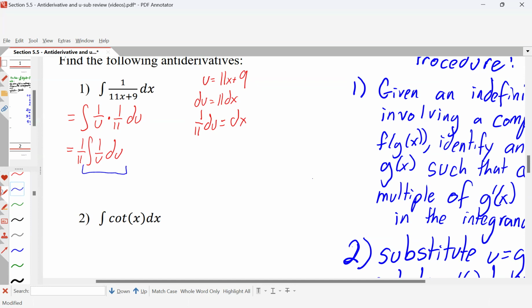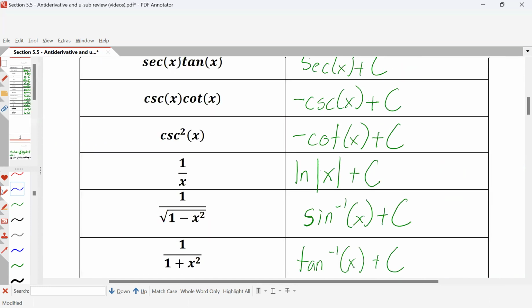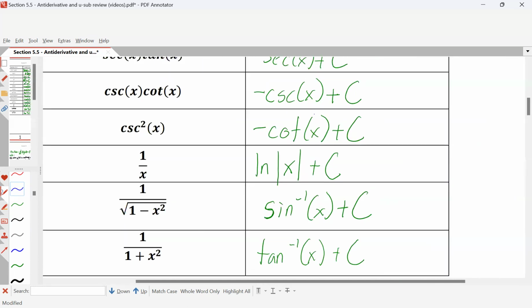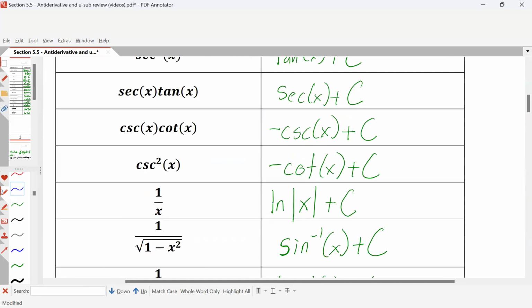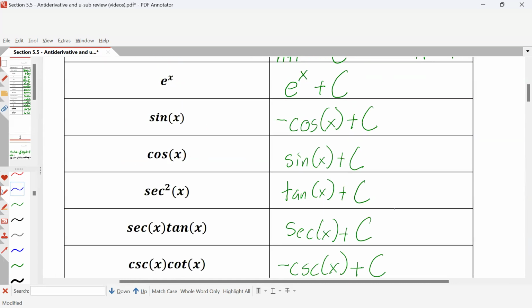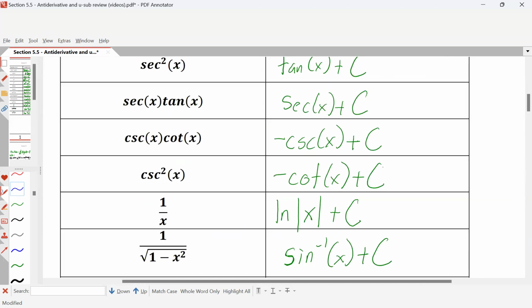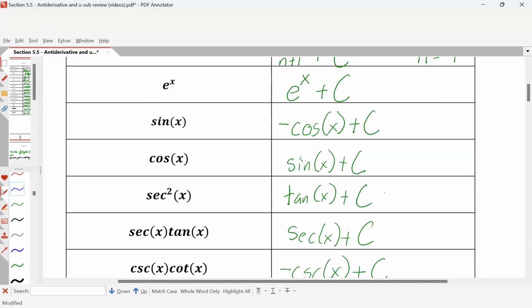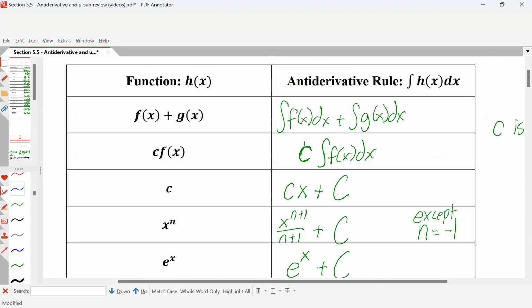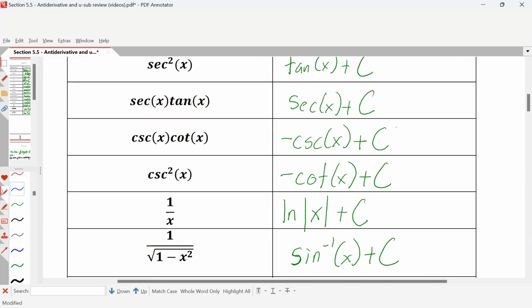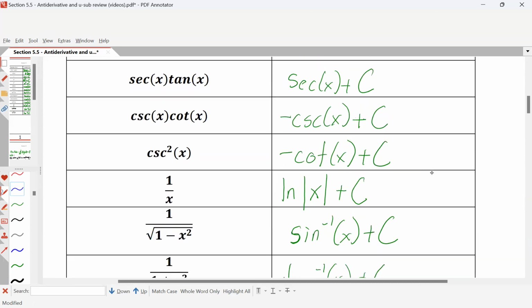This is one of our known antiderivatives, that the antiderivative of 1 over x is the natural log of x plus c.